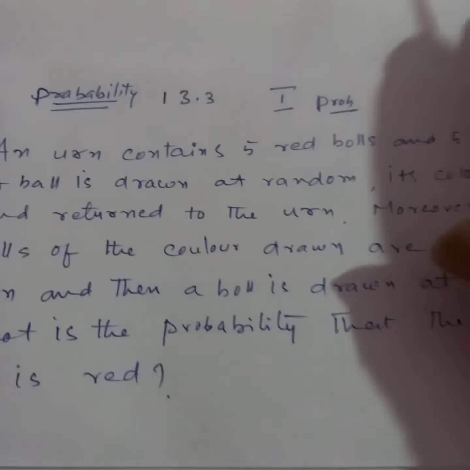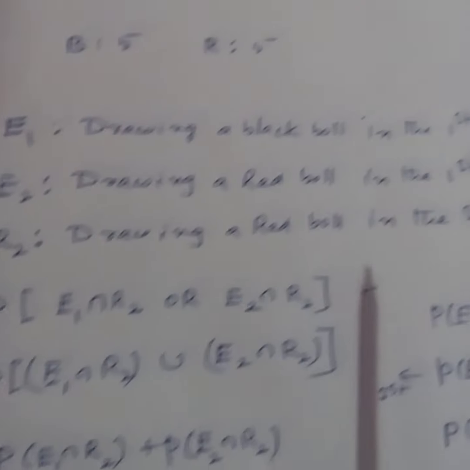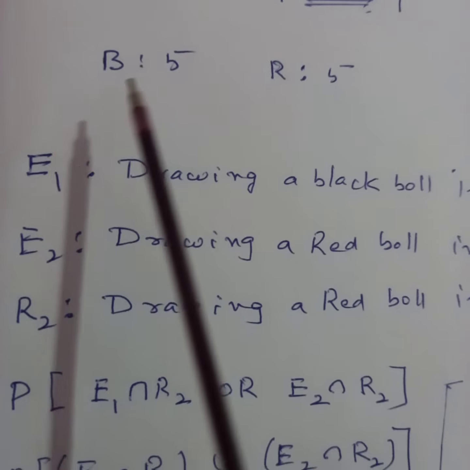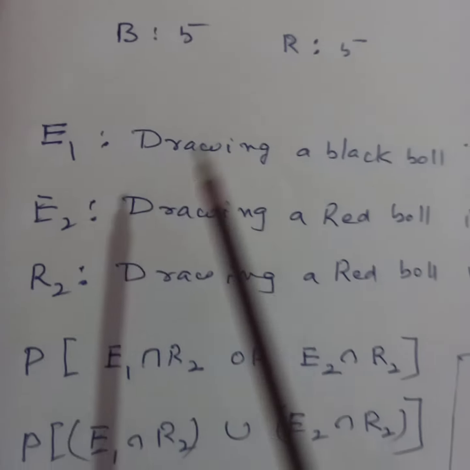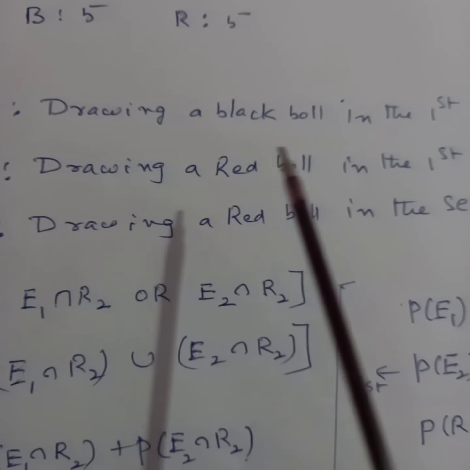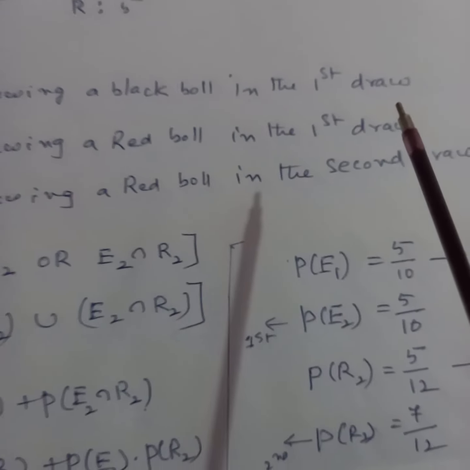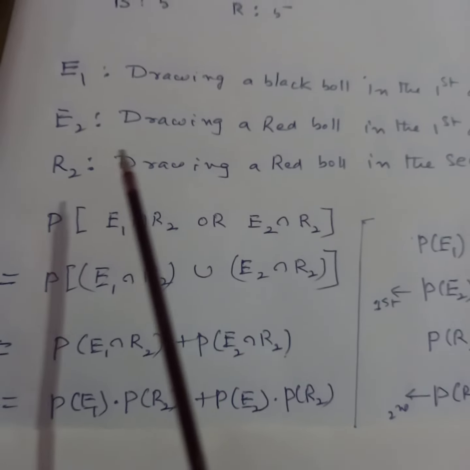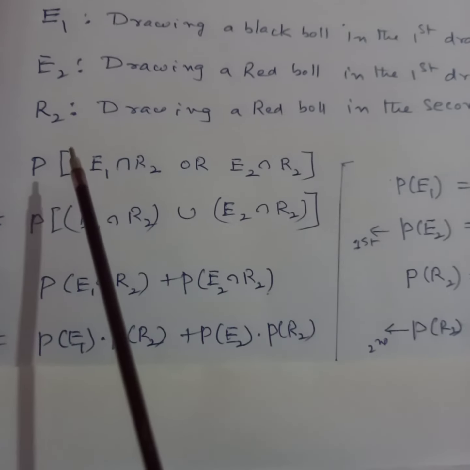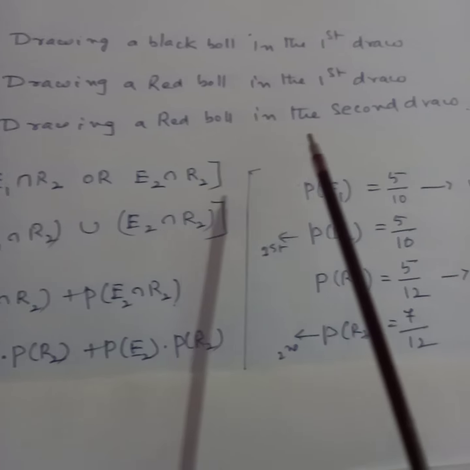Now look here, we have worked out this problem here. 5 black balls, 5 red balls are there. We will consider E1 drawing a black ball in the first draw, E2 drawing a red ball in the first draw, and R2 drawing a red ball in the second draw.